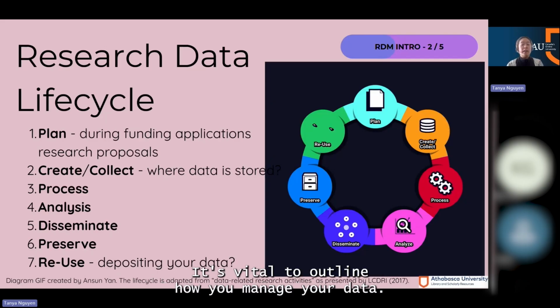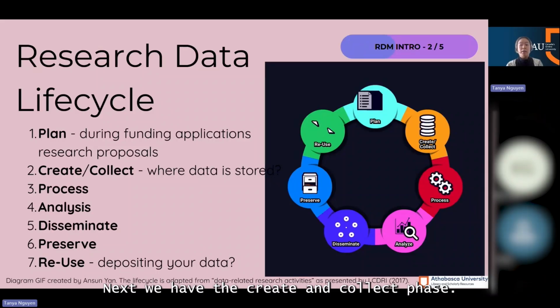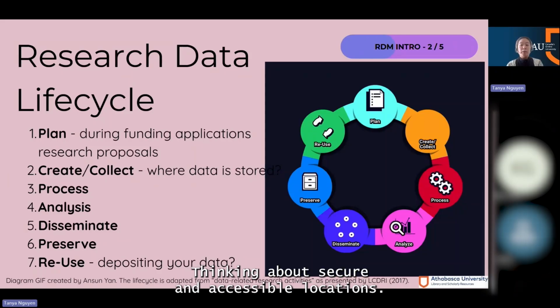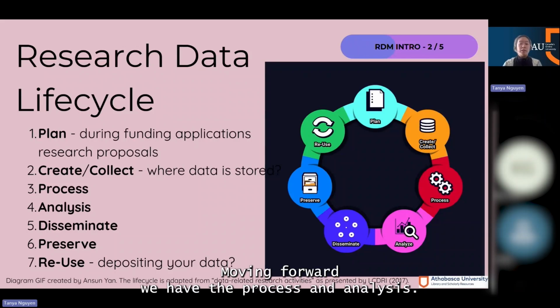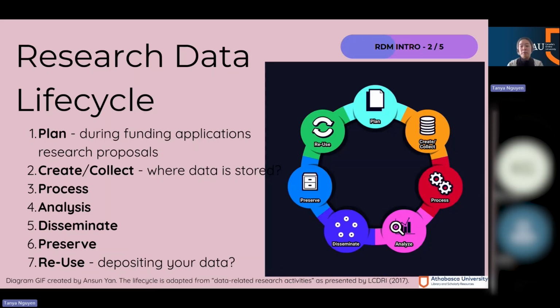It's vital to outline how you'll manage your data. Next, we have the create and collect phase. The focus here is on where your data will be stored, thinking about secure and accessible locations. Moving forward, we have the process and analysis stages, where the raw data gets refined and interpreted.